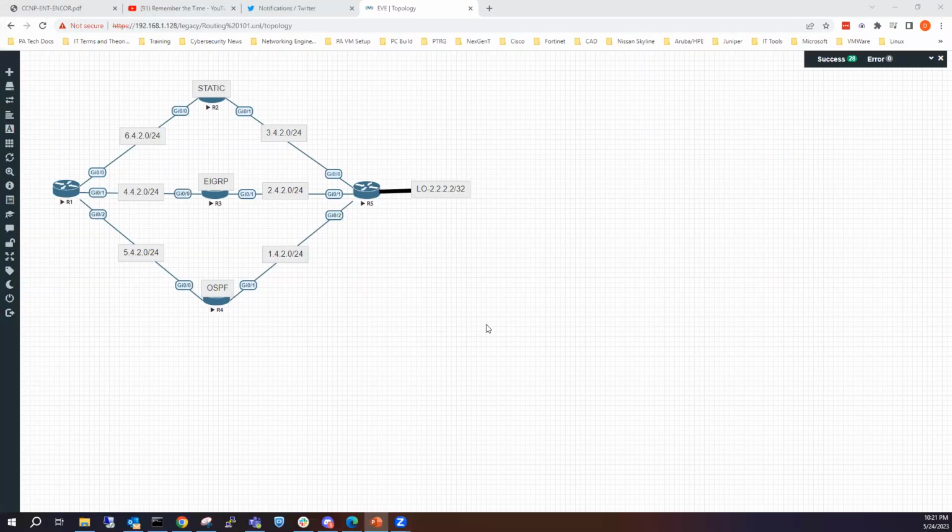With that being said, let me ask you the question again. Which path is it going to select? EIGRP. Okay, why? Well, first I'm looking at the prefix. They're all similar, they're /24.